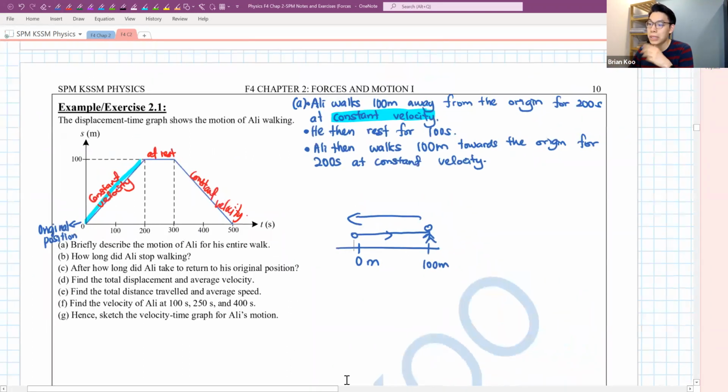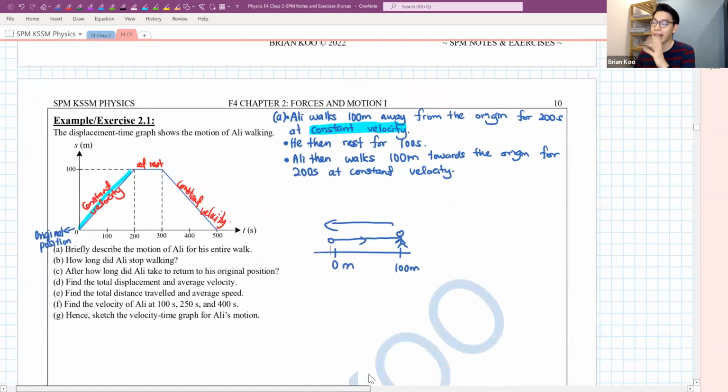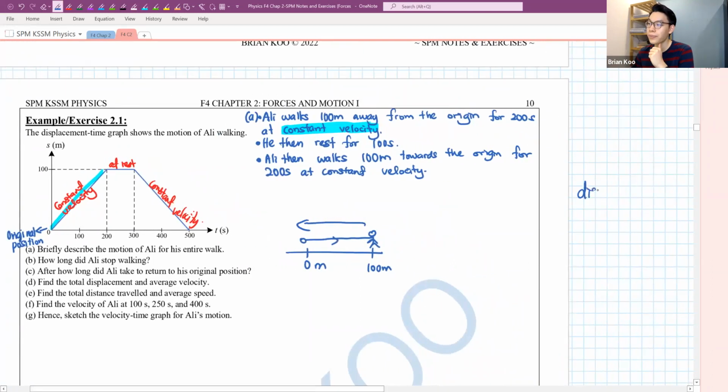For those of you who always get confused with the idea of displacement, you can always think of displacement as the position. It's like coordinates like that. So at first it is 0 meter, and then he will slowly walk until he will reach 100 meters.